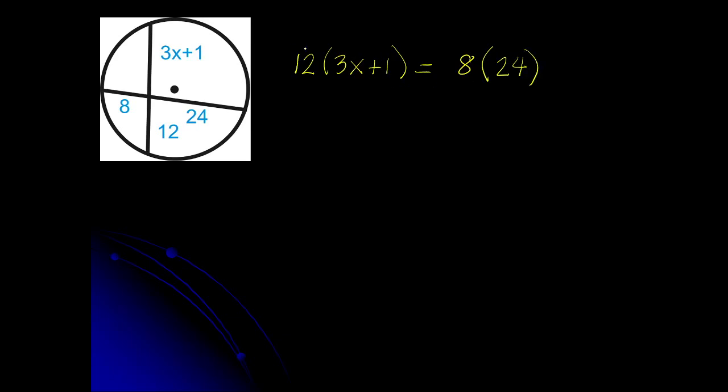Okay, distribute. This is 36x plus 12, equal to 8 times 24. How much is 8 times 24? 192.